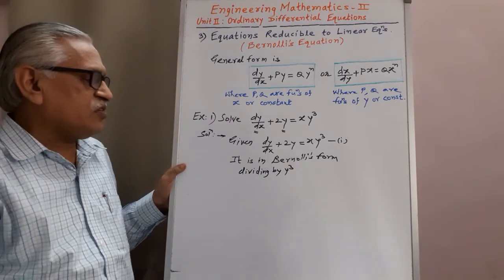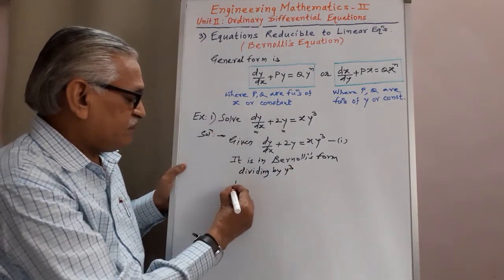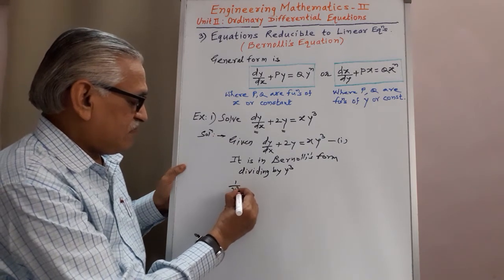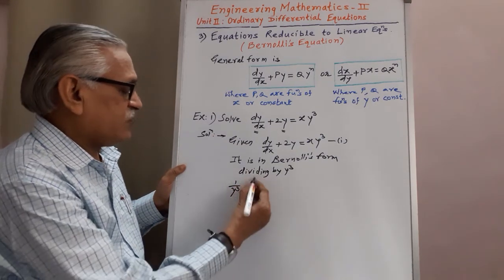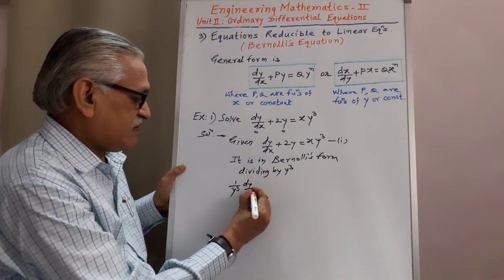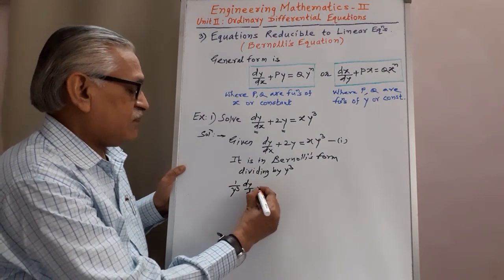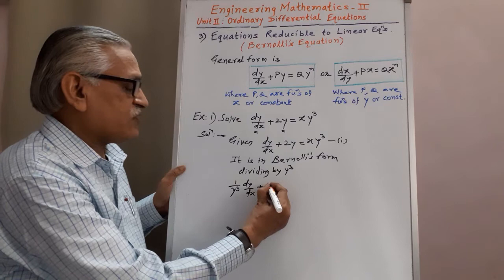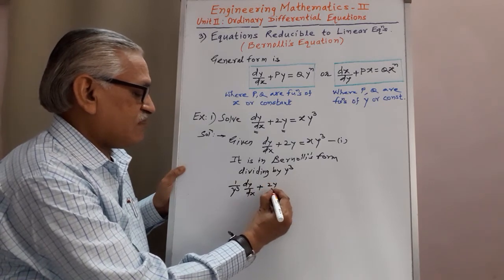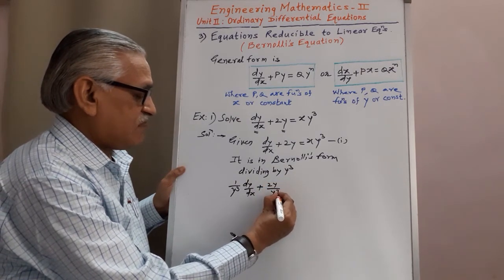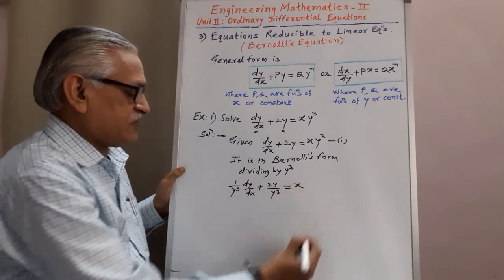Dividing by y cube throughout, we get 1 by y cube into dy by dx plus 2y upon y cube is equal to x.